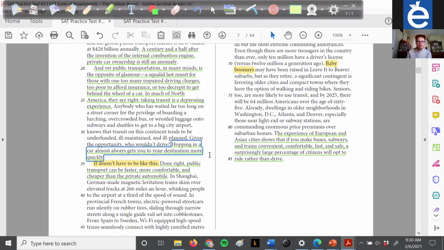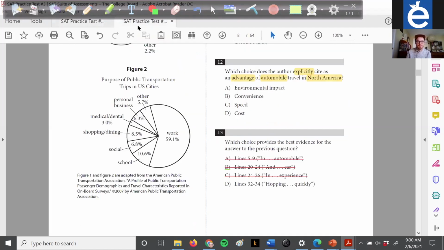Well, so what's the advantage given here? Notice the word quickly. Speed is the big advantage, right? We don't have to wait. So I like D the best here.